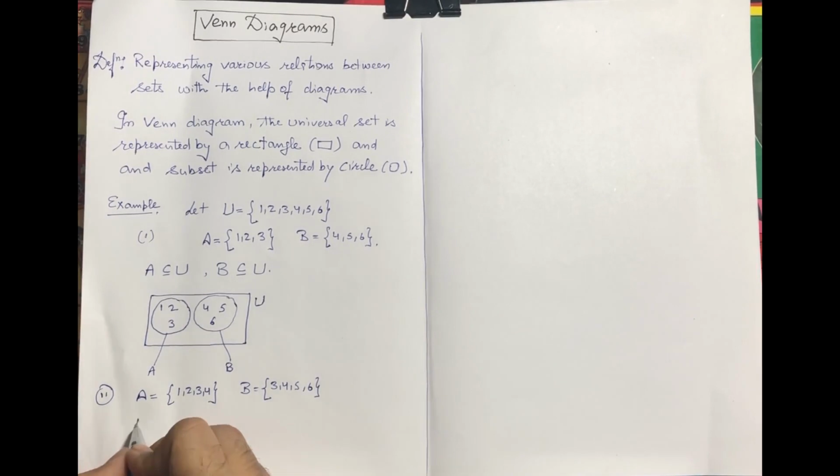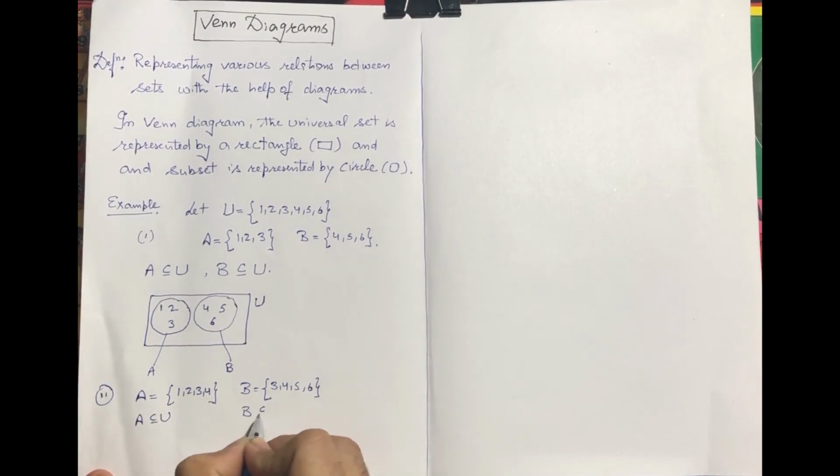Again, both A and B are subsets of the universal set. Now the Venn diagram of these two subsets: this is U, 1, 2, 3, 4, here 5, 6.